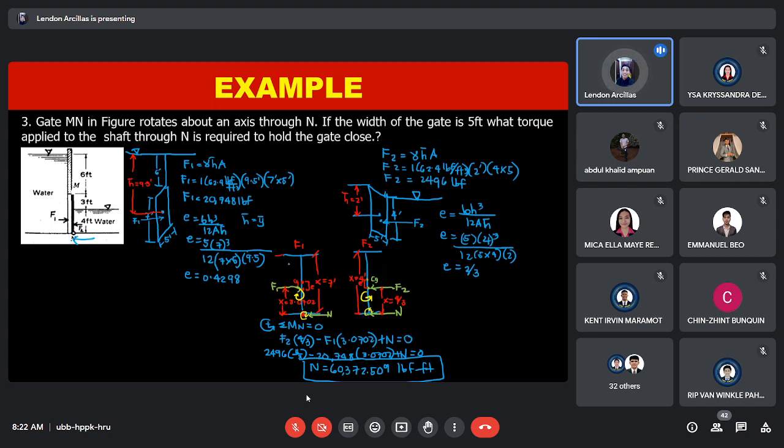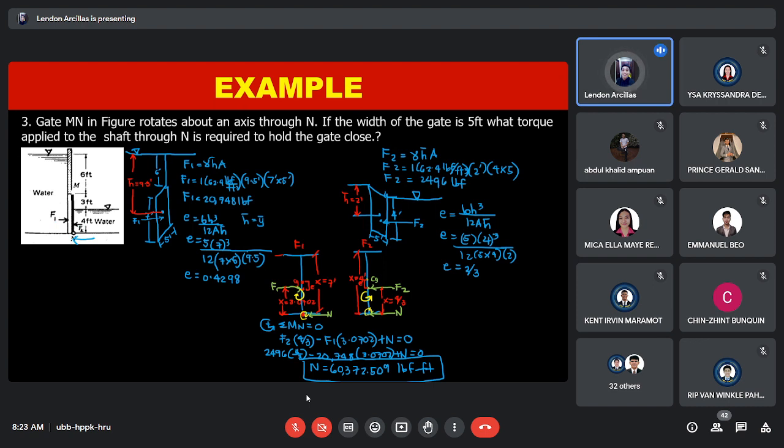Okay, my question here is, bakit ko nasabi na yung N is pa left side? Because the first one here, as you can see, is mas malaki yung hydrostatic force since the water is higher level. Mas malaki yung pwersa dito sa water. So, kailangan ng konting tulong ng N para ma-counter yung force 1, since yung force 2 is lesser than force 1.